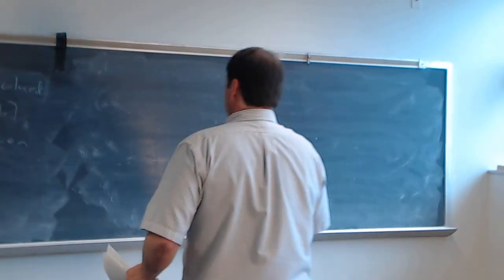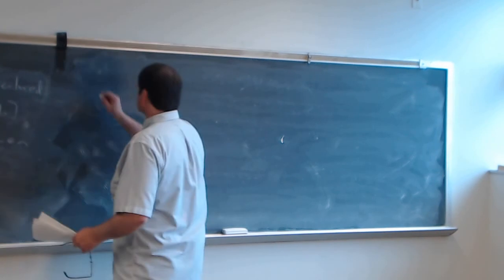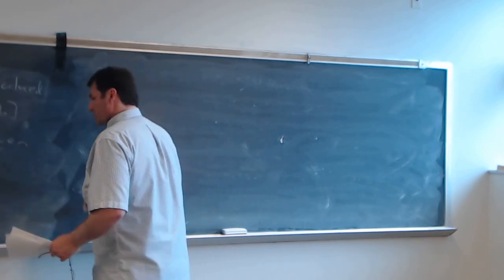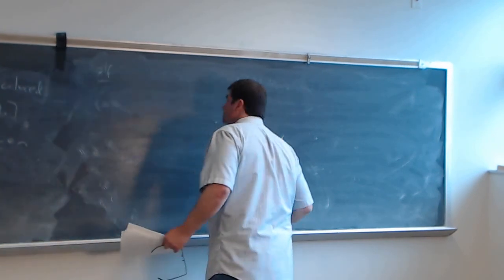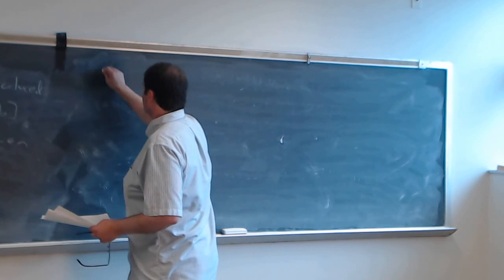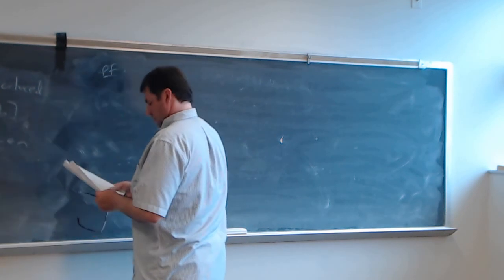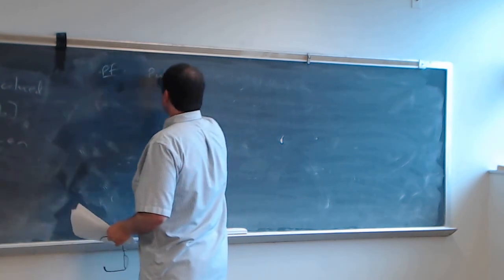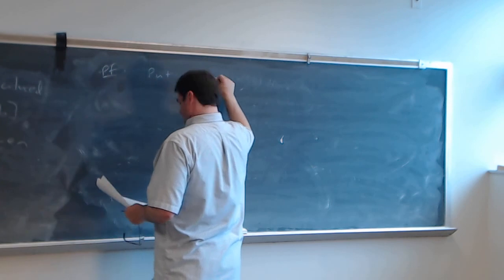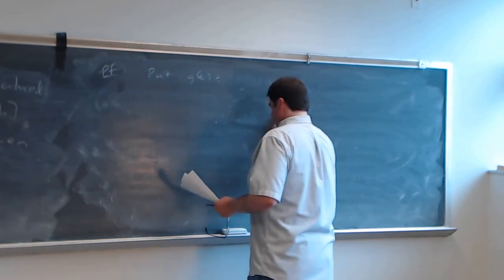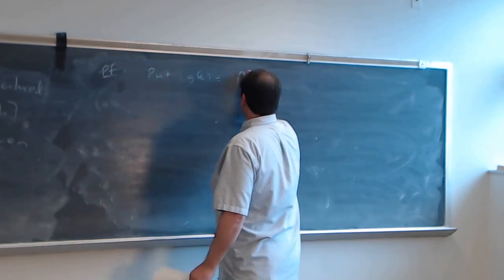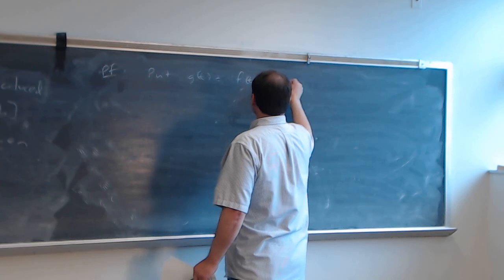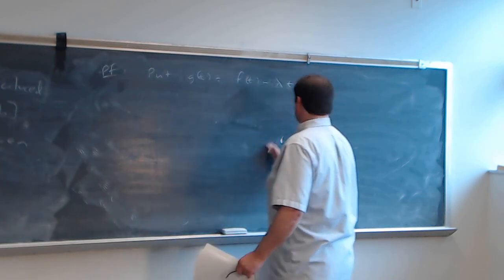Okay, we want to prove this. Here's the proof. We put g of t equal to f of t minus lambda times t.